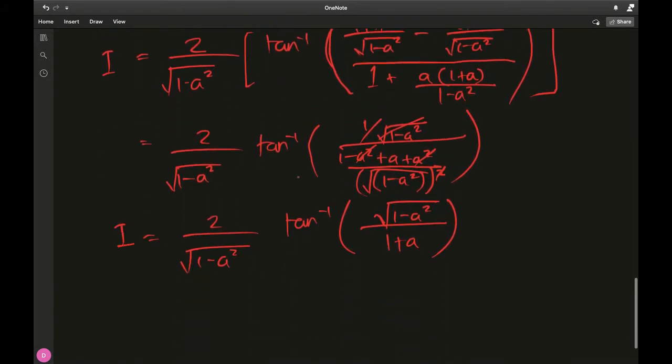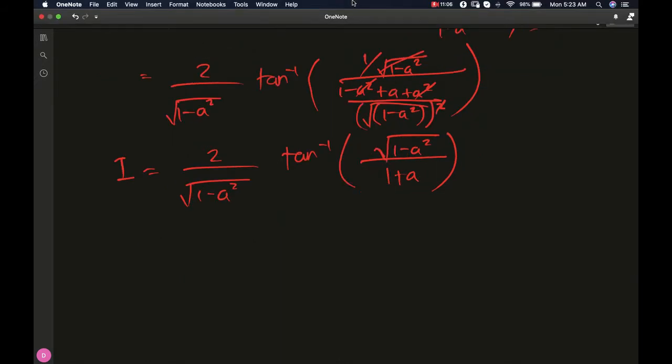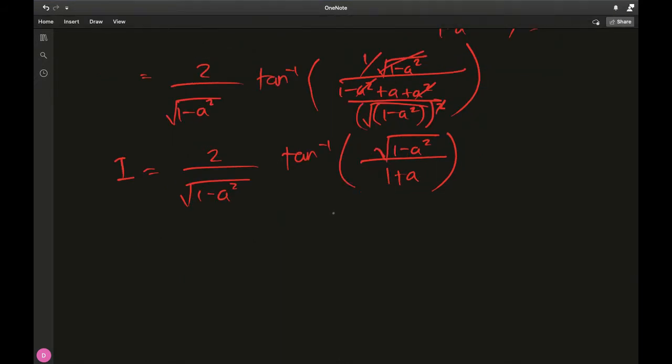Okay, and being true mathematicians, we aren't satisfied with this still, because we notice the 2 up front, and we also recall the duplication formula for the inverse tangent. So again, note that 2 times inverse tangent of some angle c is equal to inverse tangent of 2c over 1 minus c squared.